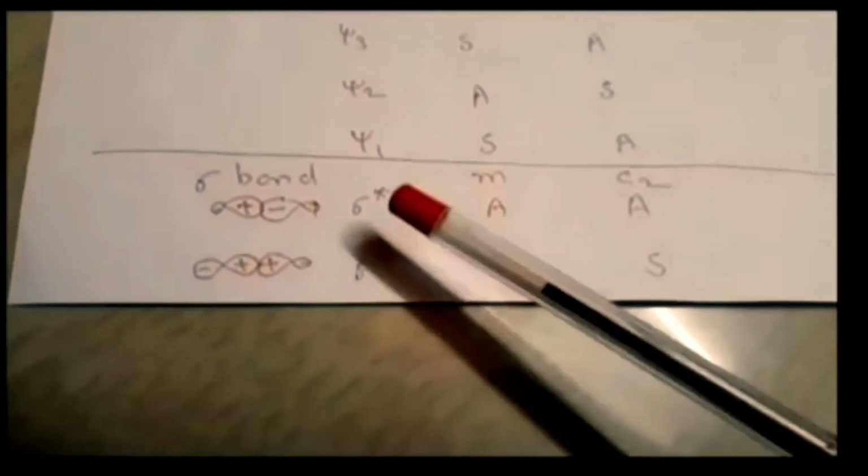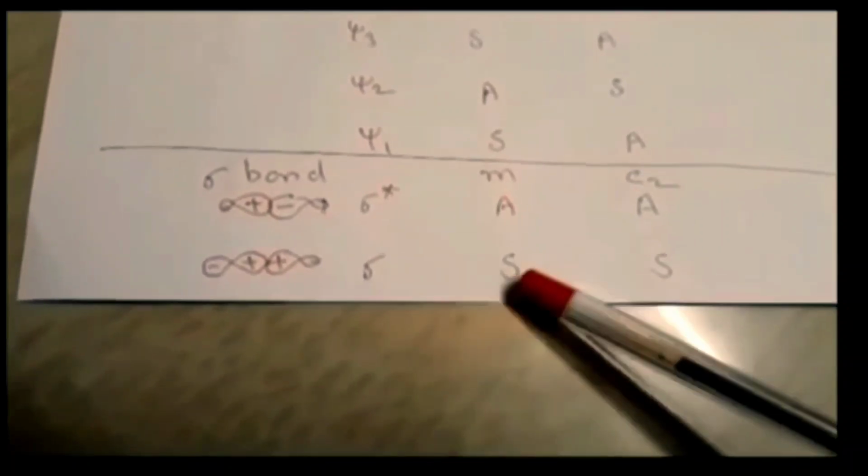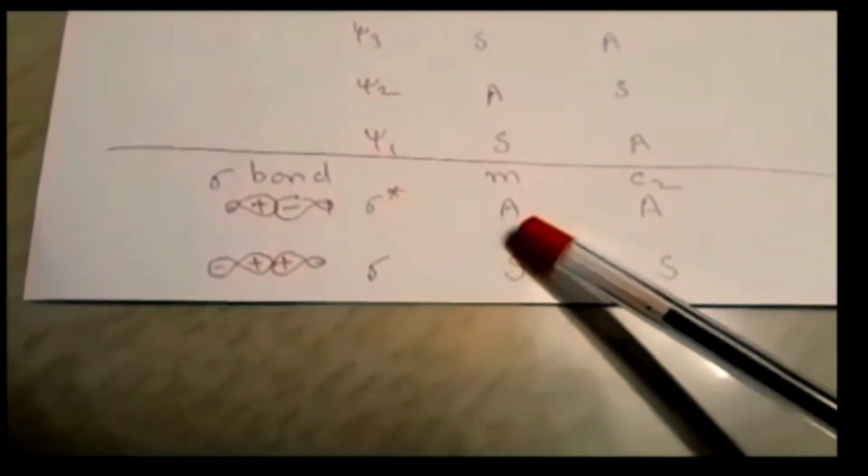Observe the symmetry of sigma and sigma star with respect to the mirror plane. Sigma is symmetric, sigma star is asymmetric.